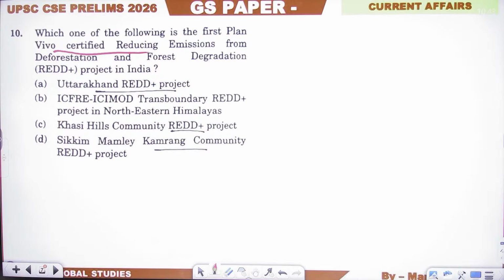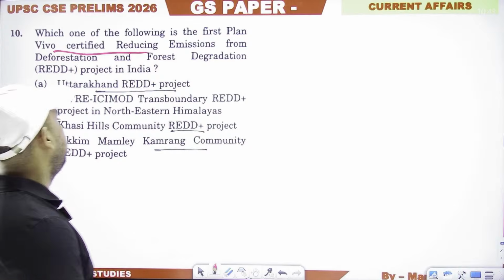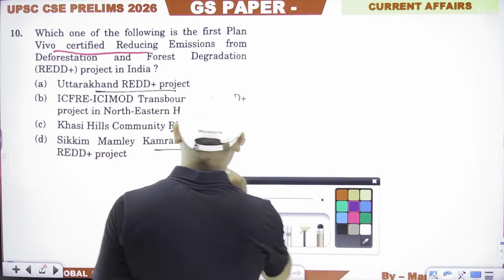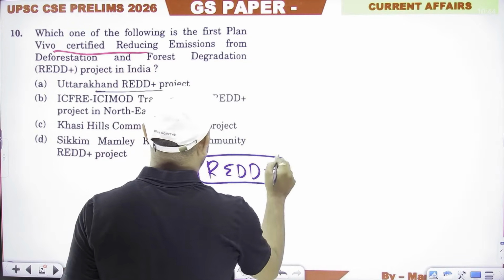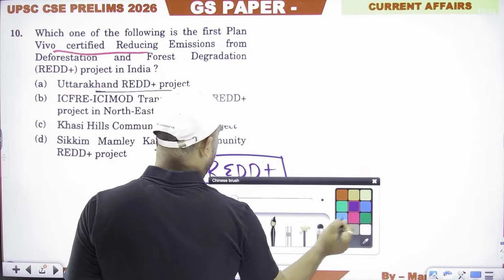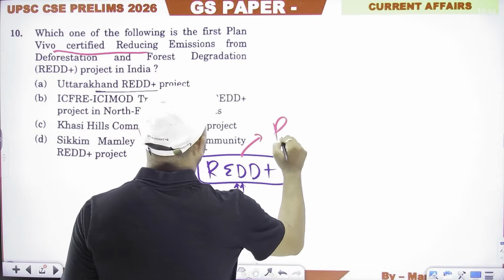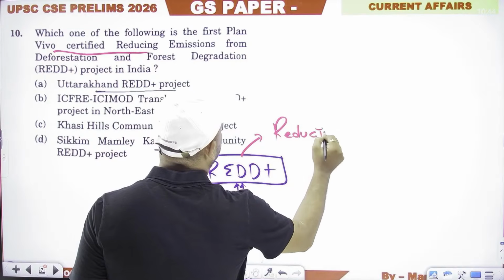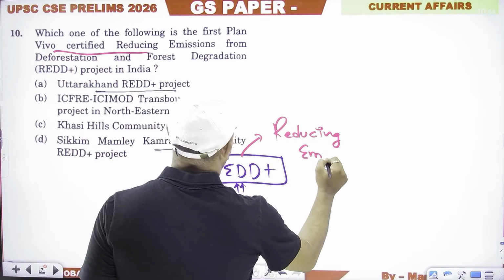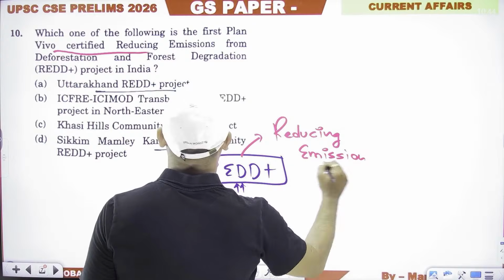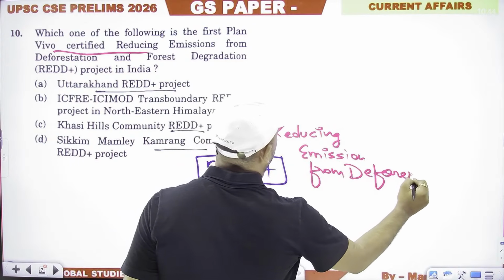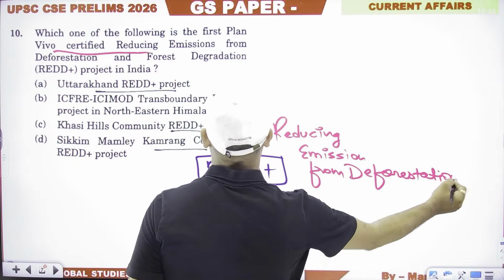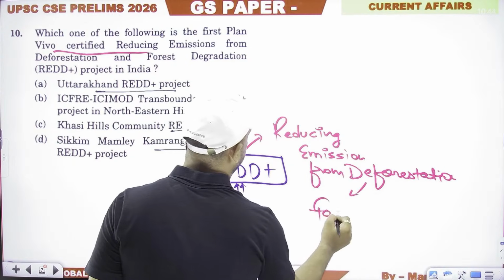As this question is associated with REDD plus, that will indicate reducing emission from deforestation and forest degradation.